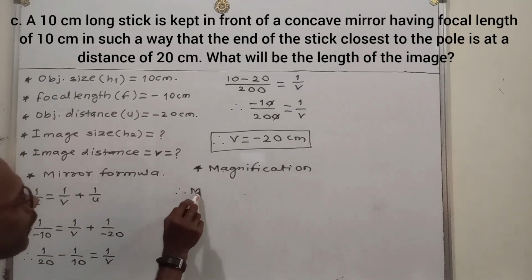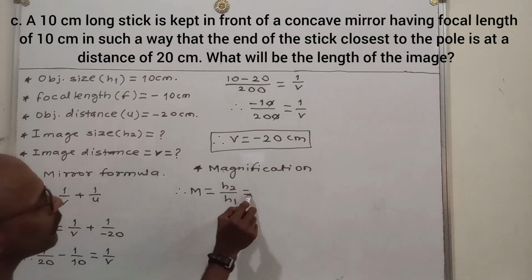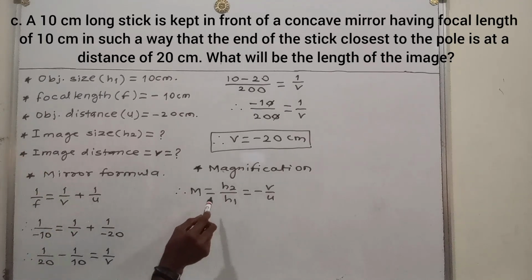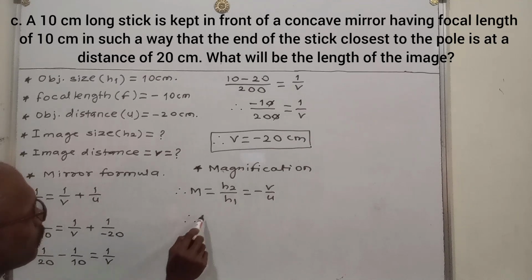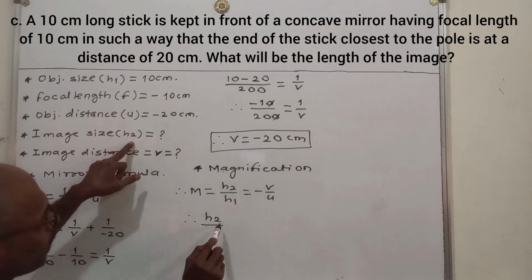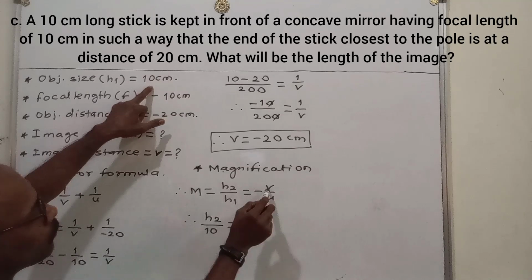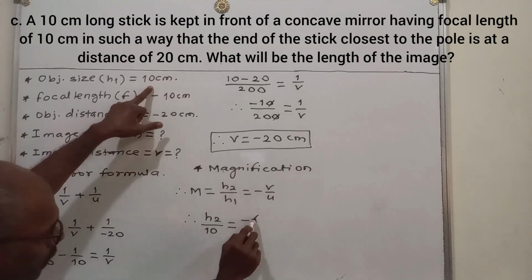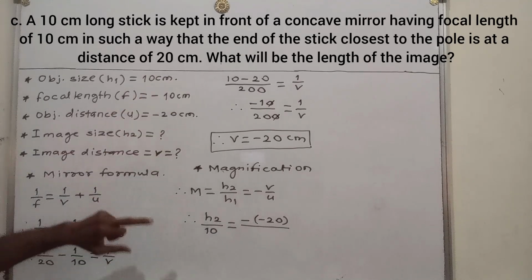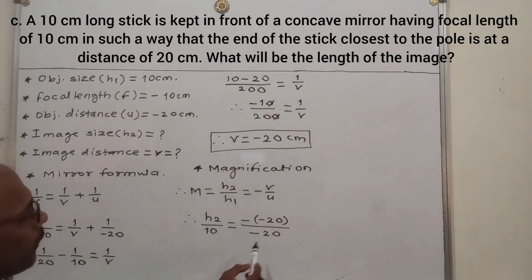Okay, then we will find magnification. Therefore, M is equal to H2 upon H1 is equal to minus V upon U. Now, what is H2? We want to find, no? H2 upon H1. What is H1? 10 is equal to minus V. What is the value of V? Minus 20 upon U. Where is U? Minus, this is also 20.